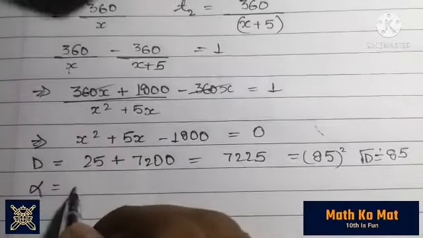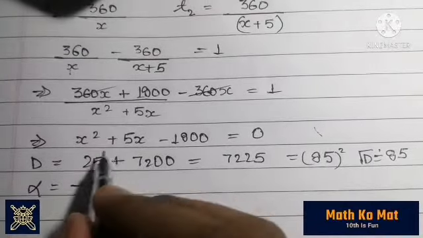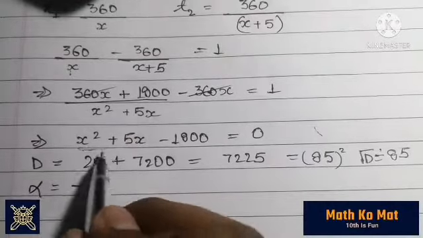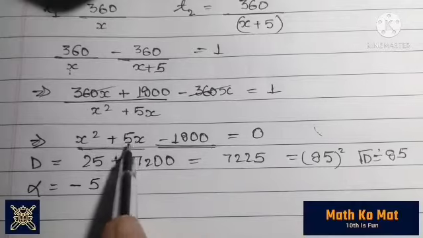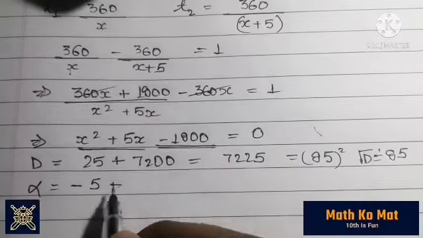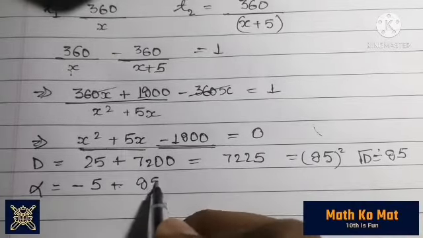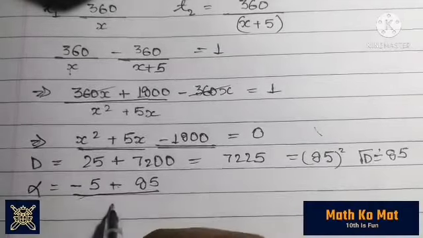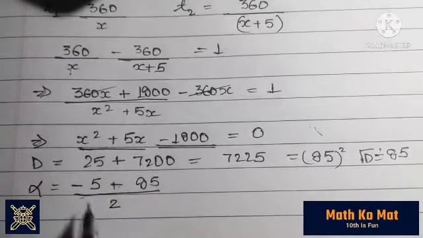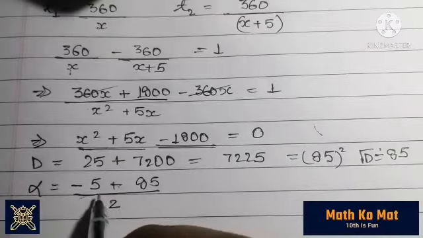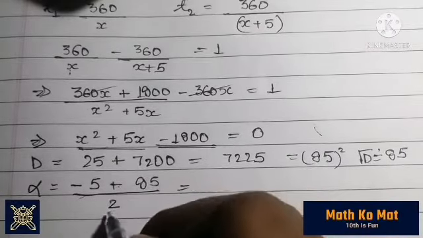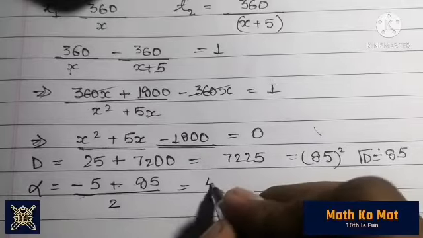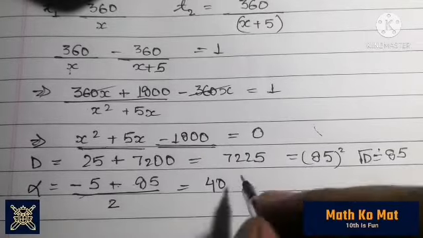And now you can easily find the values of alpha and beta. Alpha is equal to minus B plus root D upon 2A, so minus 5 plus 85 upon 2. A is 1, so 2 into 1 is 2. 85 minus 5 is 80, divided by 2 is 40. So alpha is 40.